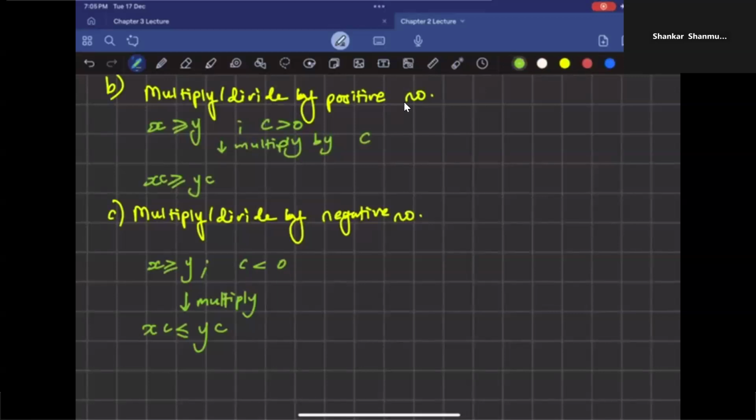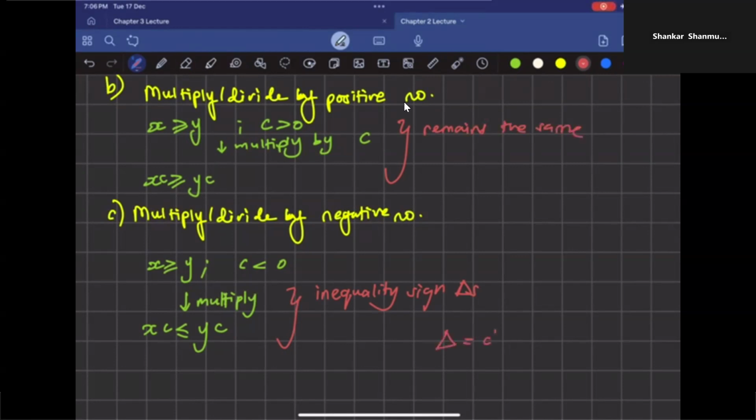So let me write it in another color. Your inequality sign changes. Sign remains the same. Oh yeah, by the way, this triangle means change, okay? Just for your information.